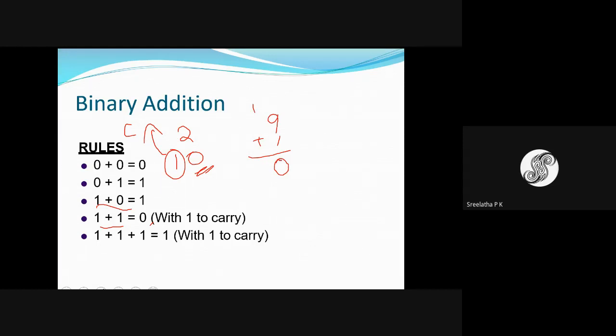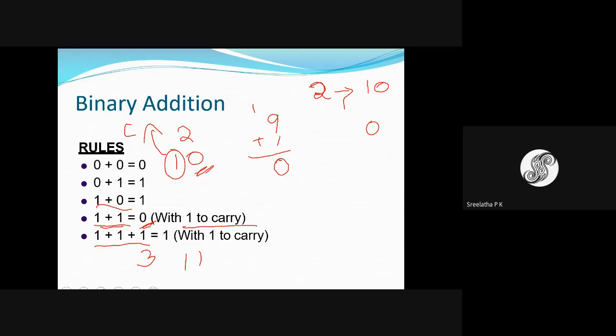Similarly, in binary, I can represent 1 plus 1 is 2. 2 I can represent as 1, 0. Okay, so 0 is the value and 1 is sent to the carry bit. Okay, and if it is 1 plus 1 plus 1, the value is 3. 3 is nothing but 1 and 1.